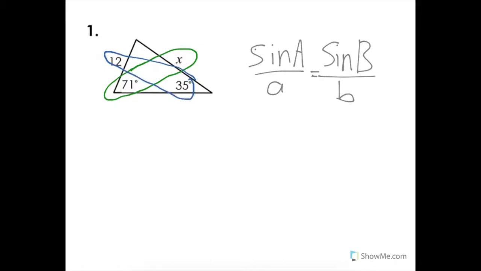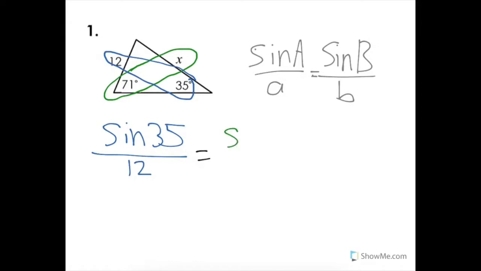So the angle always goes with sine. So sine of 35 degrees over the side that it's across from. So that would be over 12 is equal to sine of the other angle, which was 71, over the side that it's across from is x. And then you can cross multiply and solve for x.